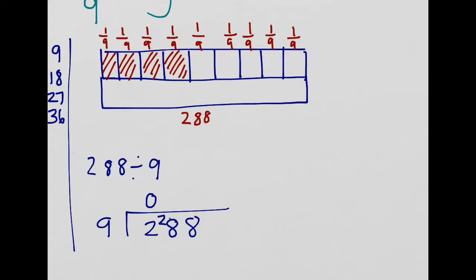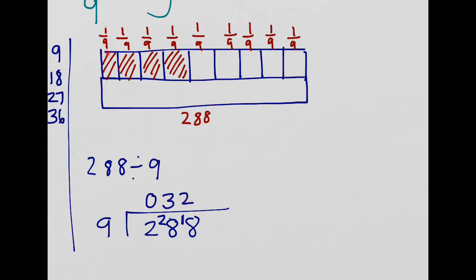Carry my 2. 9s into 28. Well, if I look down here, I can go to 27, but I can't go to 36. So it would be 27 with 1 left over, and that would be 3 9s. So I can put a 3, but I know I've got 1 left over. And 9s into 18 is 2. So my answer for what is 1/9, 1/9 is 32.